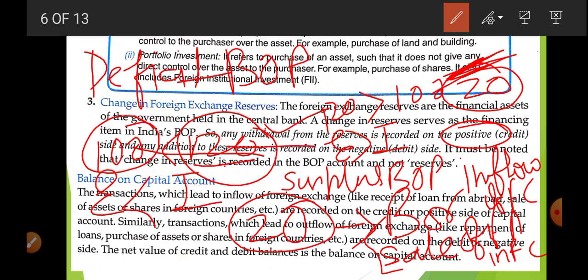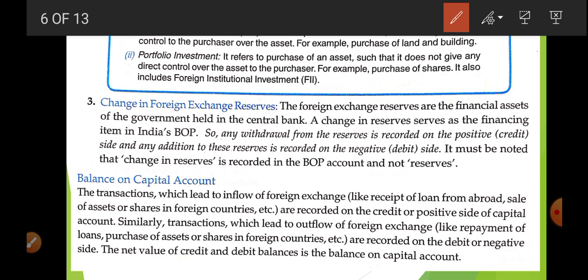So that is why this addition is going to be recorded on the debit side. So I think you are able to understand, and technically just keep in mind that withdrawal is recorded on the positive side and addition is recorded on the negative side. Okay, and in this way balance of payment is going to balance.